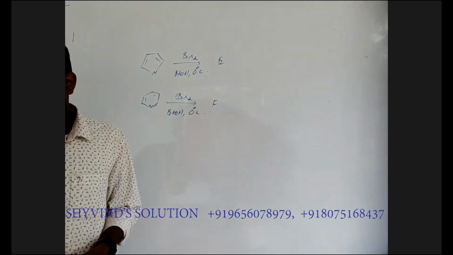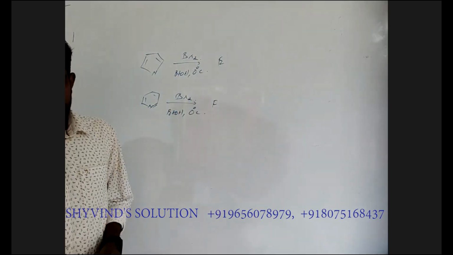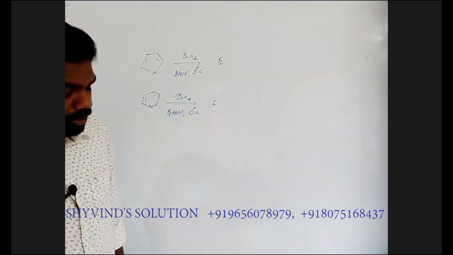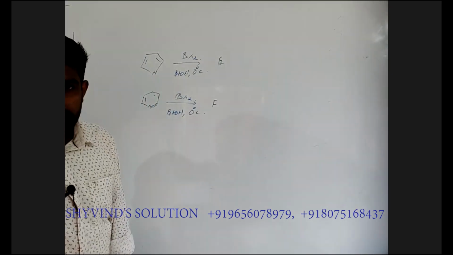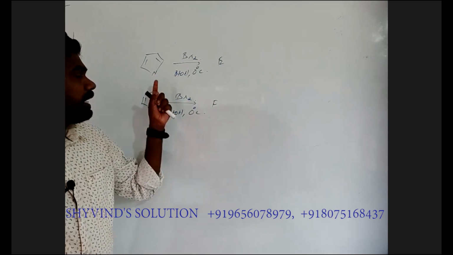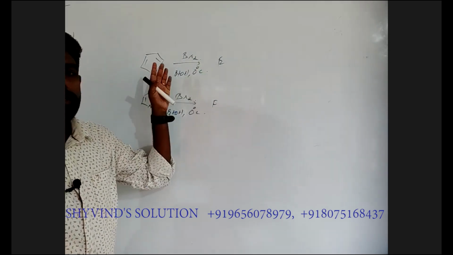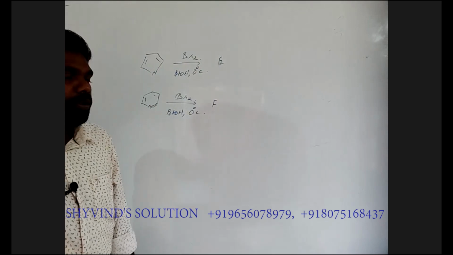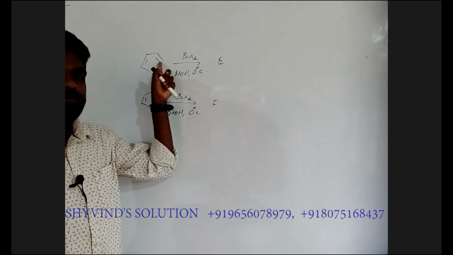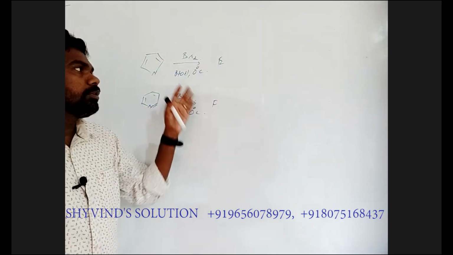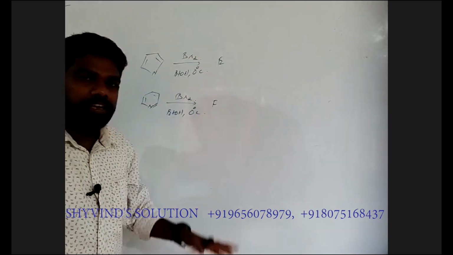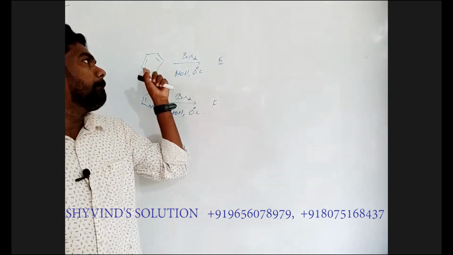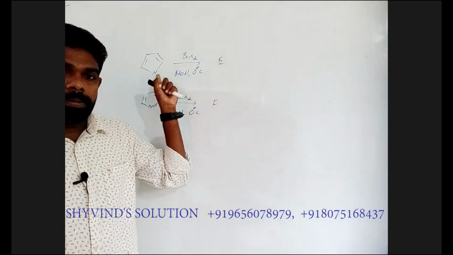Okay, so first of all, this is pyrrole, and this is pyridine. When pyrrole is brominated, whatever the condition is, it will brominate all the 4 carbons. At mild or vigorous conditions, whatever it is, all 4 carbons are brominated if we are treating pyrrole.